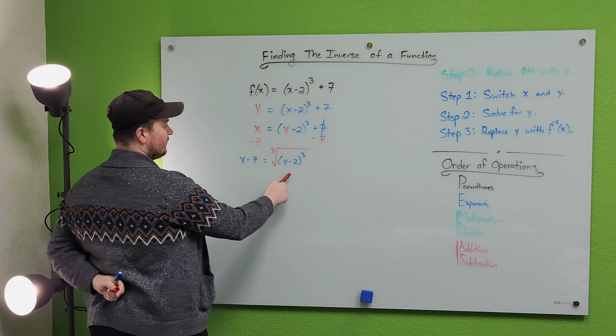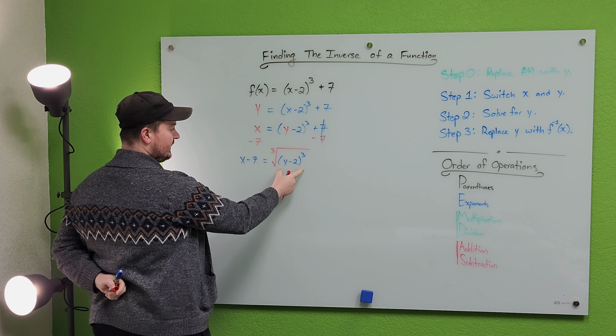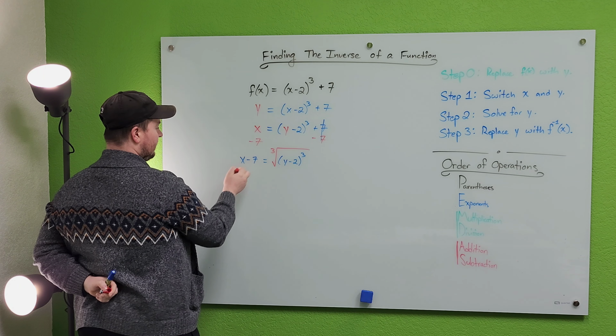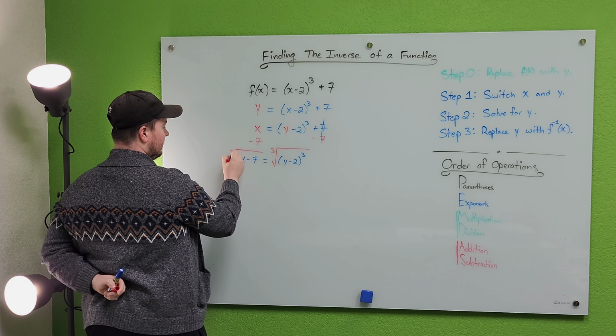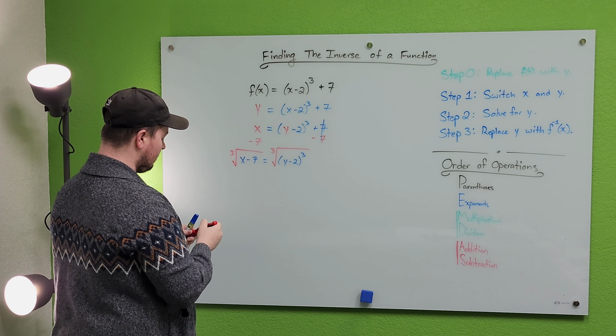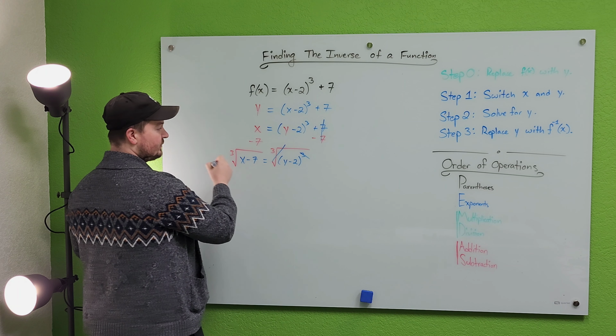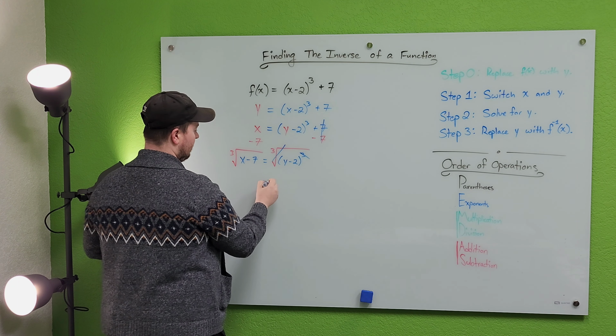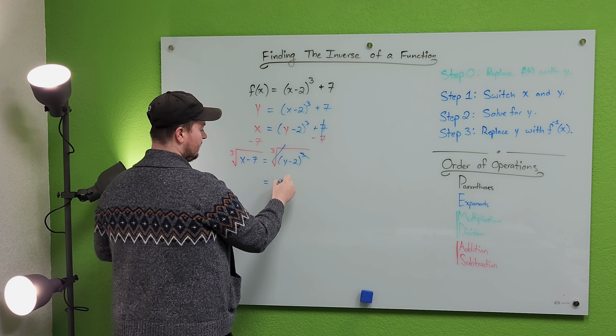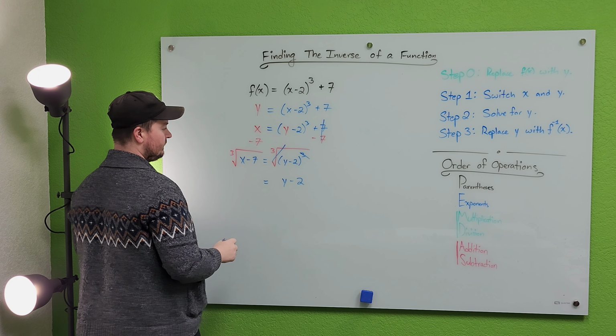So if we take the cube root of the right side, we have to plug this into a cube root also. Now the exponent and the root perfectly cancel each other, and all that's left over here is y minus 2.